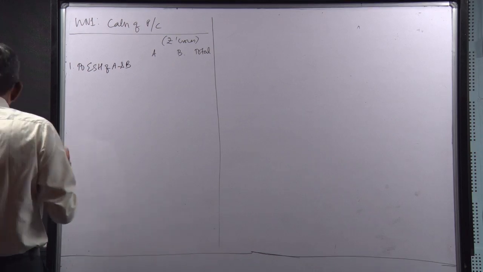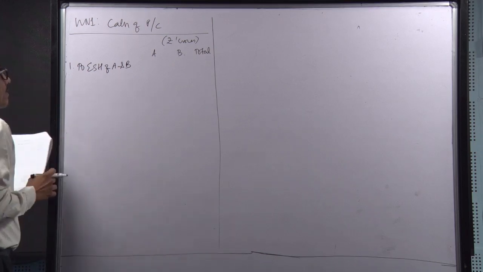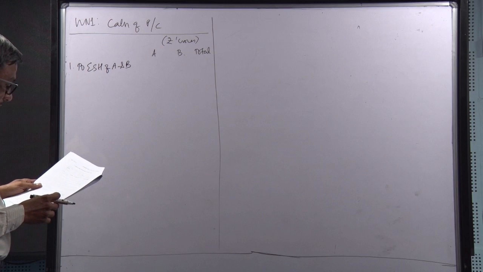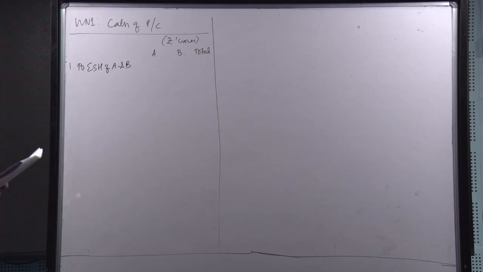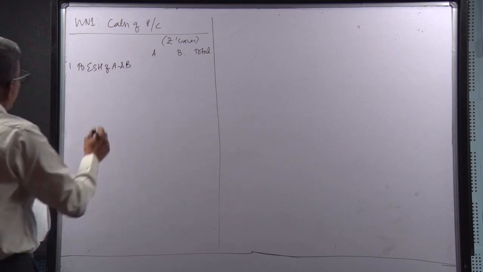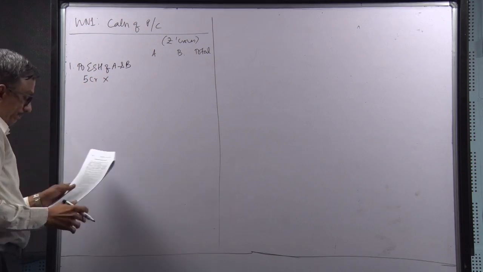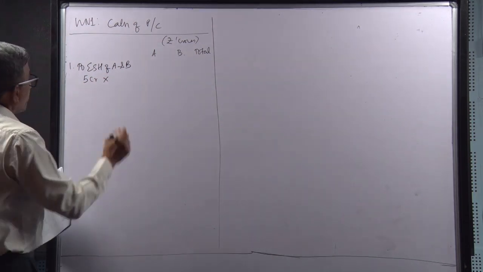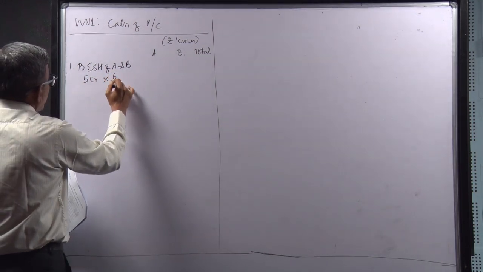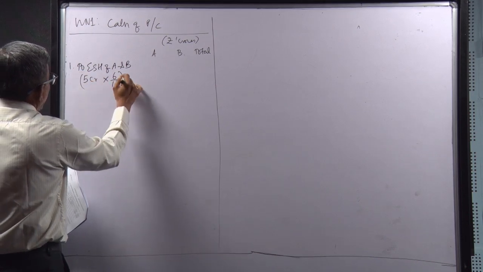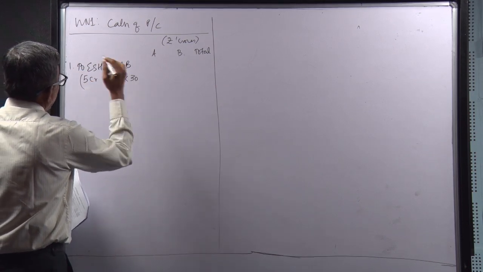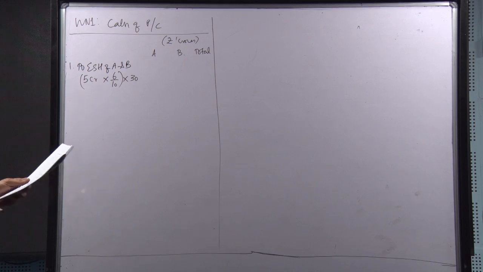So how many shares are there in A Limited? A Limited share capital is 50 crores, of 10 each, which means there are 5 crore shares. So it will be 5 crore into 6 by 10, multiplied by 30, because equity shares are issued at the value of 30 per share.